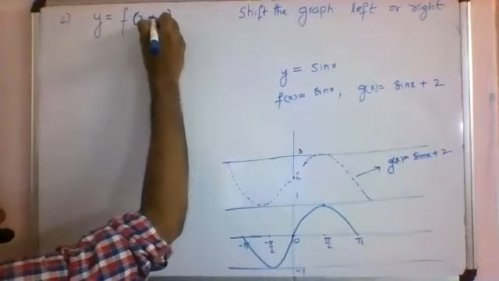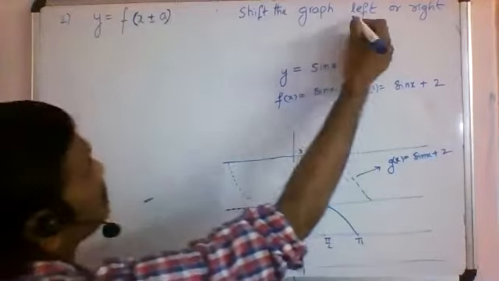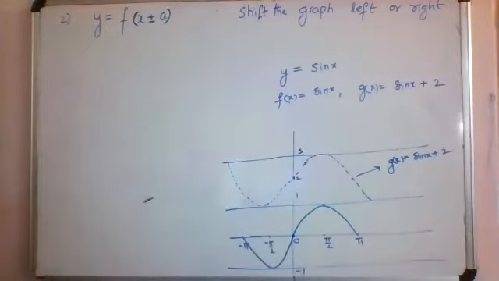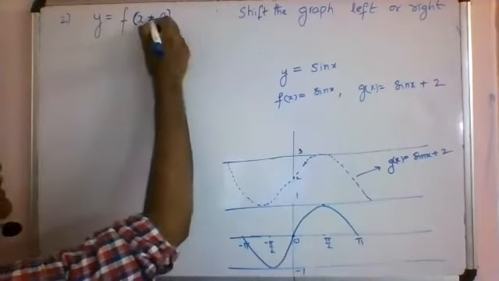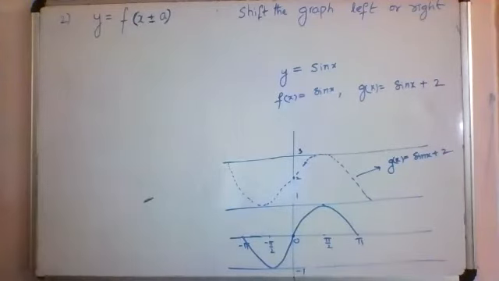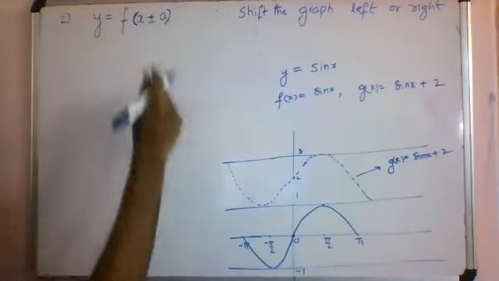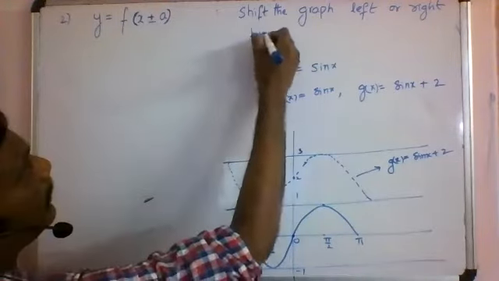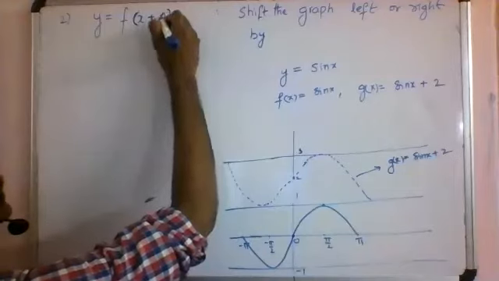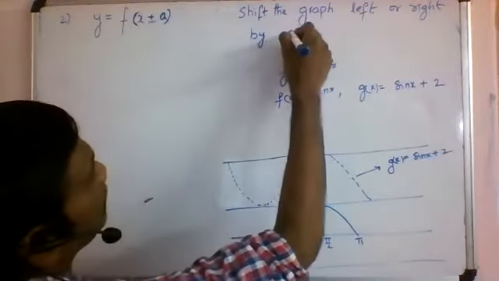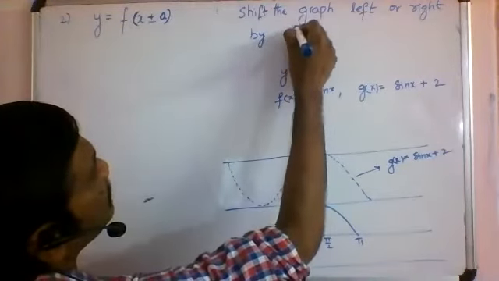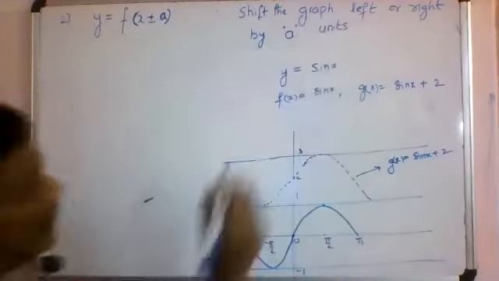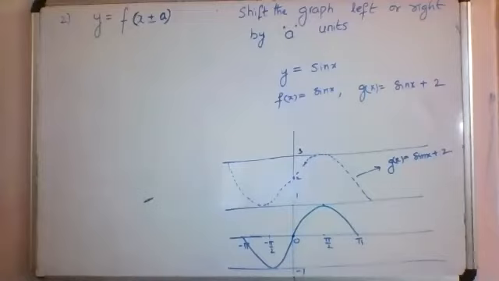For the first sign, I wrote the first one, and for the second sign, the next one. So when I write x plus a, shift the graph left. If I take minus, shift the graph right, by whatever number you write here, by a units. This is how we have to draw the graph.